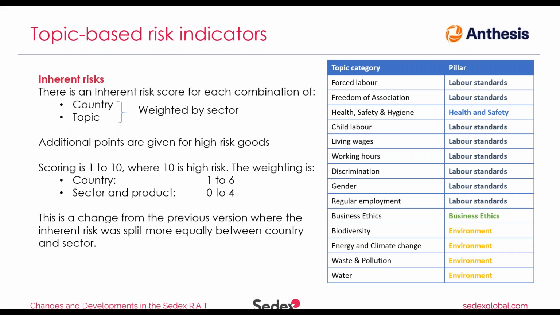I'm going to go into that in a minute, but where a particular combination of country and ISIC code come together, there are additional booster sorts of risk points that can be added to that overall inherent risk score.